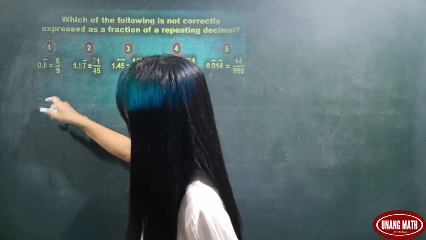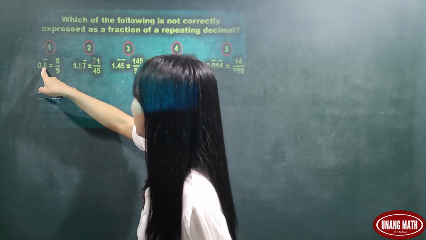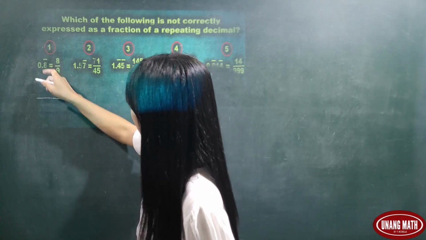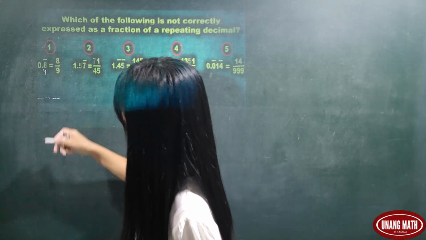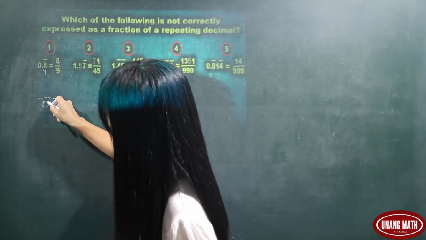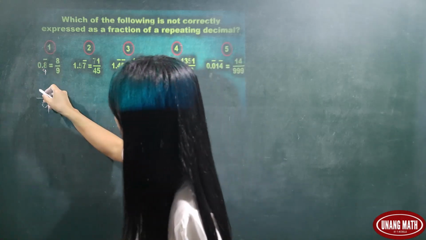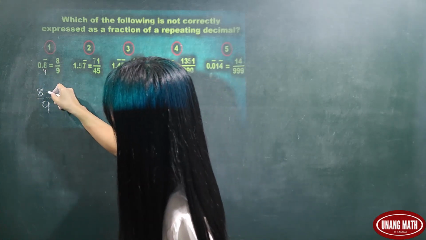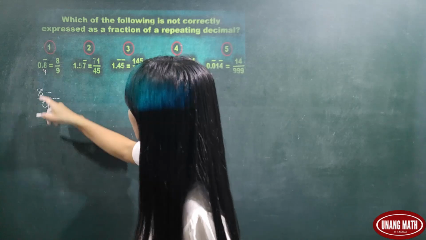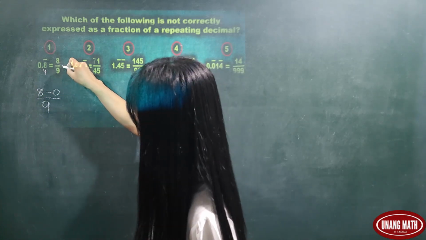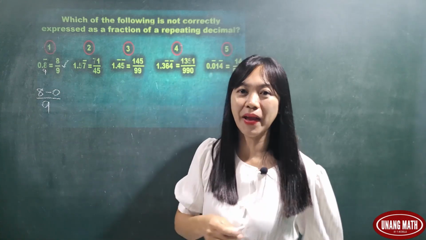To get the denominator, check the digit after the decimal point. 8 is repeating, so we have to represent this as 9. So that means the denominator is 9. To get the numerator, get first all the digits. So 8 minus the non-repeating digit, we don't have, so 8 minus 0. So this is equal to 8. So 8 over 9. So number 1 is correct.